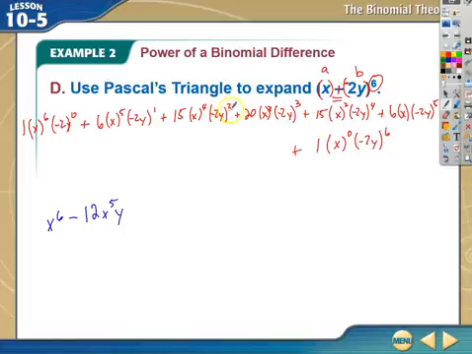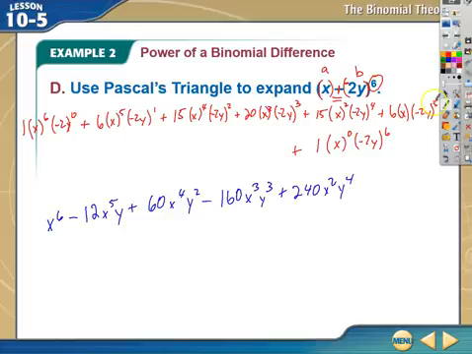Okay, even power on the y, so that means it's going to be plus here. 4 times, that would be 60, x to the 4th, y squared. Odd power for this one, so that means it's going to be negative 160, x cubed, y cubed. Now since this is an even exponent for this negative one, I'm going to get a positive 240, x squared, y to the 4th.